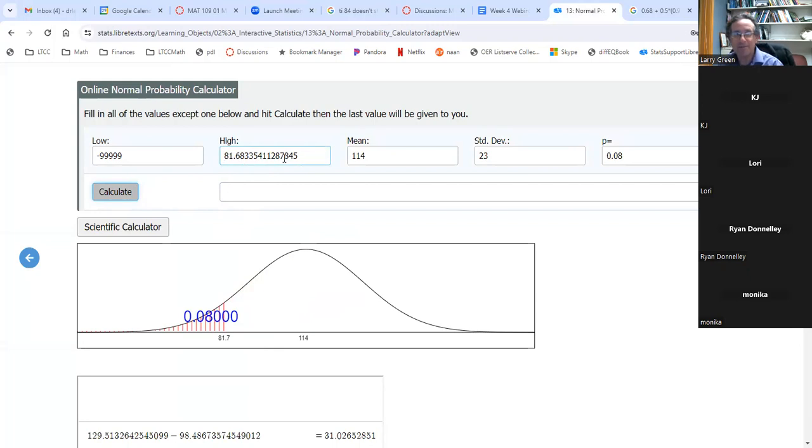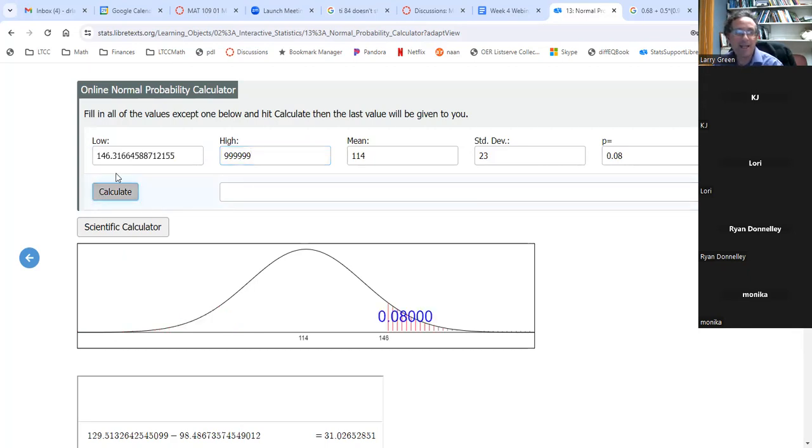Do you see that? To get the right-hand side, if the left tail has 8%, the right tail also has 8%. Is that clear? So I can say P is still 0.08, but now the low is what I don't know, and the high is 99999.